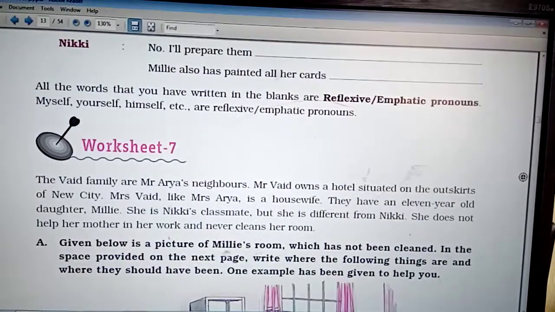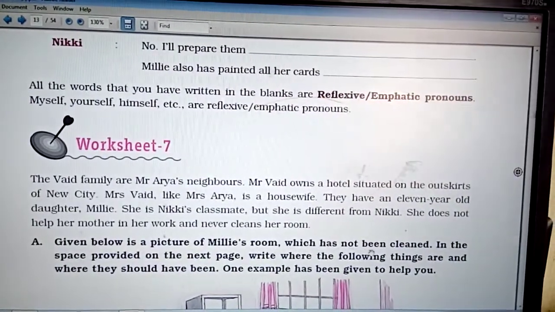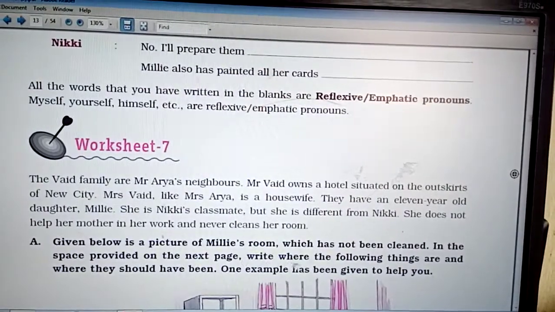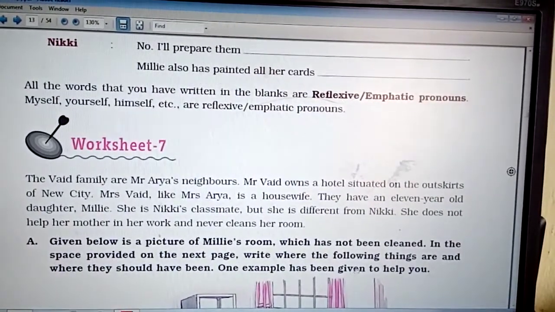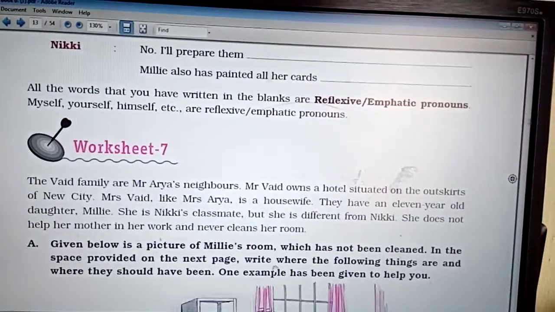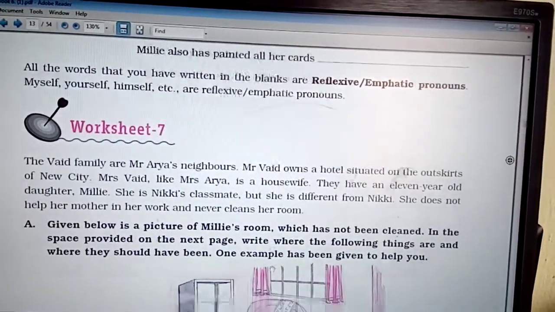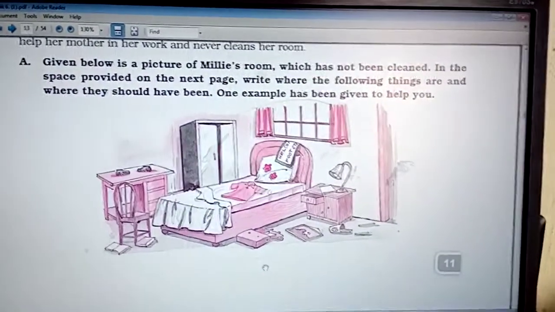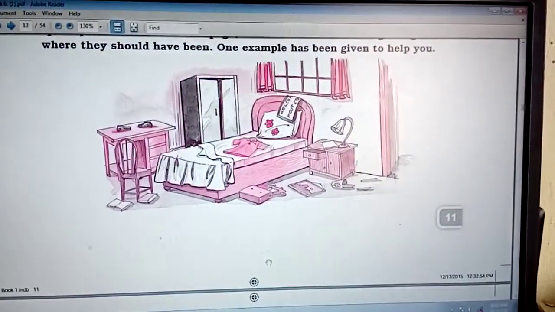Given below is a picture of Millie's room, which has not been cleaned. In the space provided on the next page, write where the following things are and where they should have been. One example has been given to help you. This is picture writing.